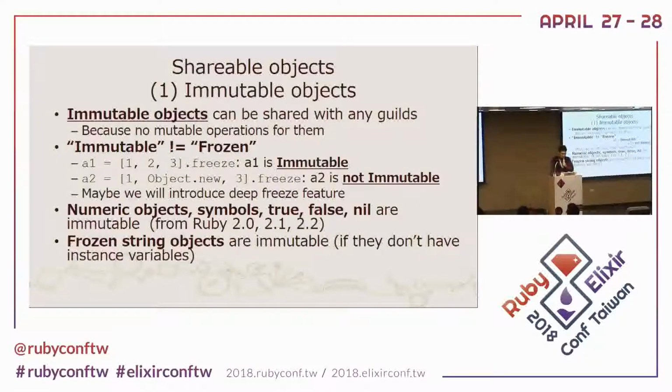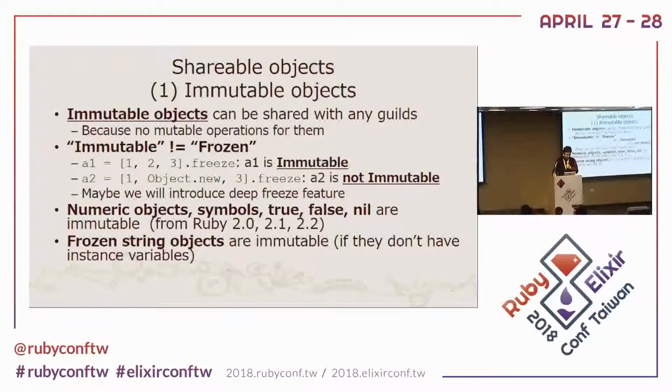For example, array A1 is a frozen array and contains 1, 2, 3, and the numbers are frozen objects. It means that A1 points to objects that are all immutable, so A1 is immutable.